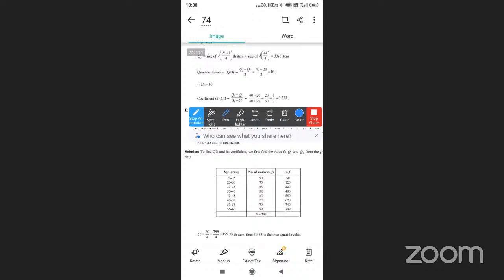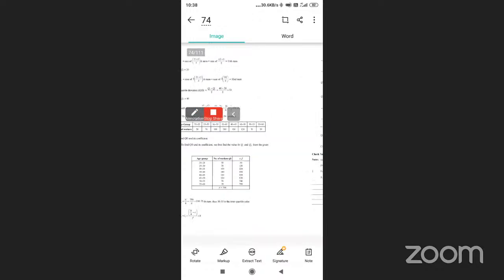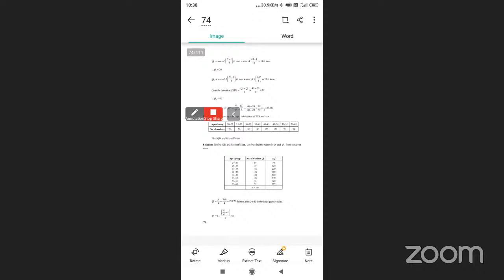So 30 to 35 is the interquartile class. 30 is the lower limit. Corresponding frequency is 100. CF is 120. Now take the formula, that is Q1 is equal to L plus (N by 4 minus CF) by F into H. This is the formula for Q1. Already explained in third unit to fourth unit, we explained before class.